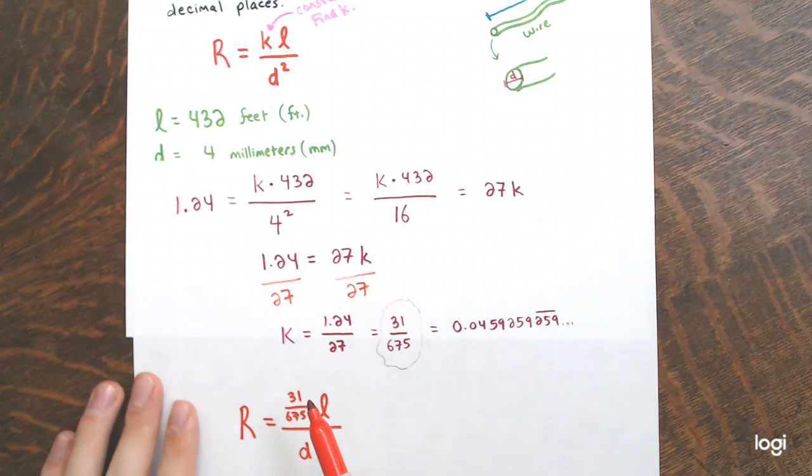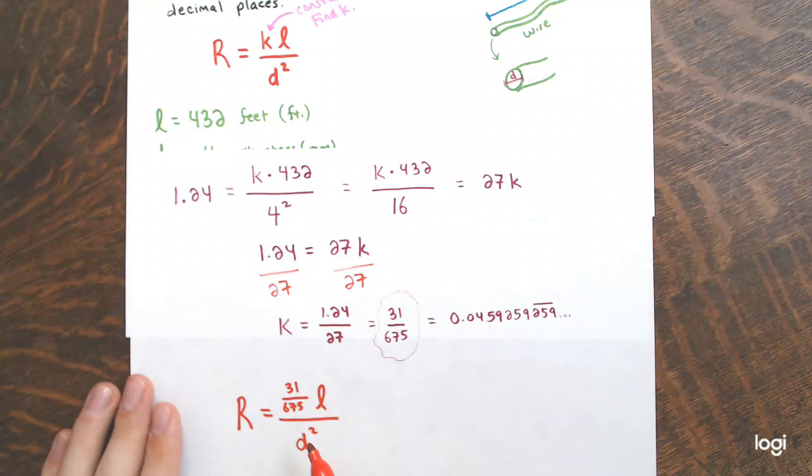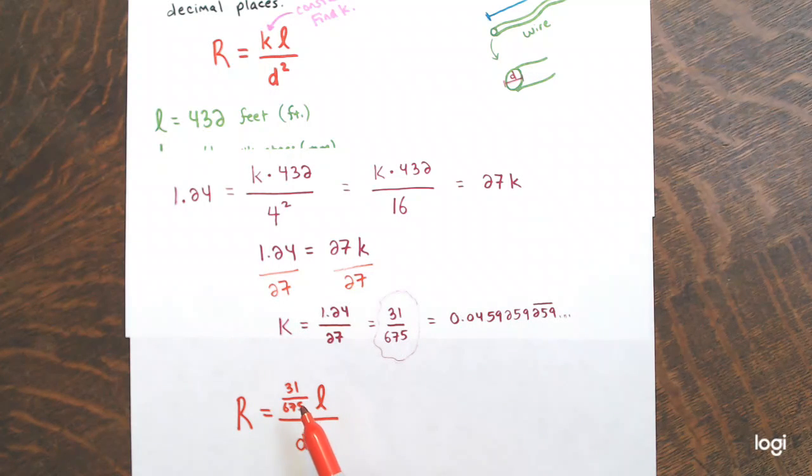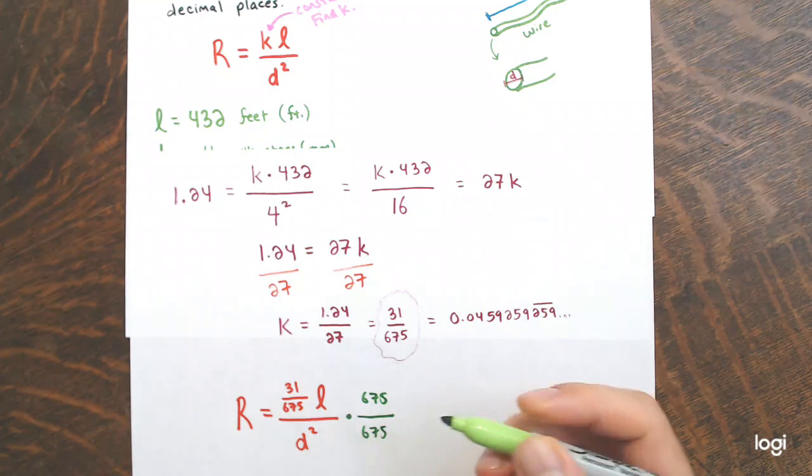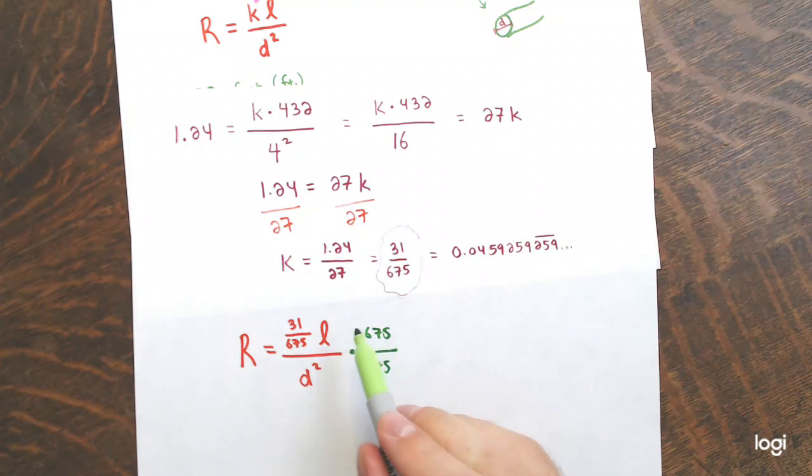And if you don't like having what is called a complex fraction, I can get rid of that denominator of 675 by multiplying the numerator and denominator by 675. The 675s up there would cancel, and I get this final equation here.